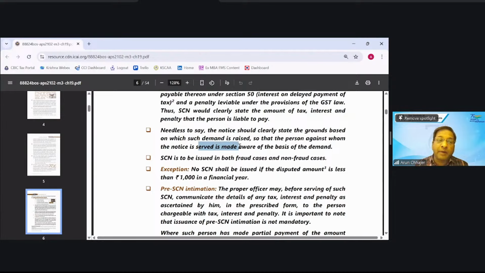Suppose they have raised the demand of 8 lakh rupees against the taxpayer, then they will say why, like in this example, because you have availed the ITC which is blocked in 17(5).